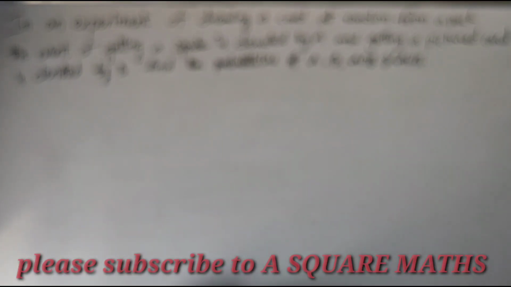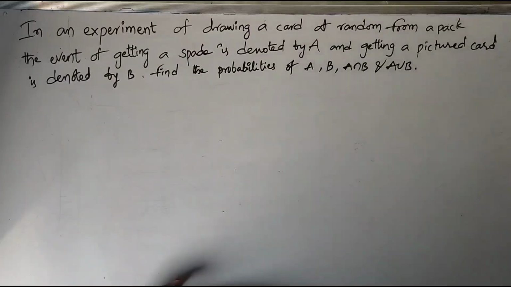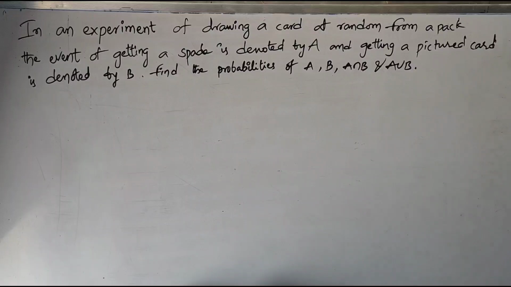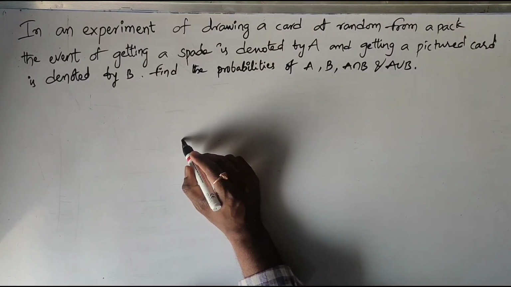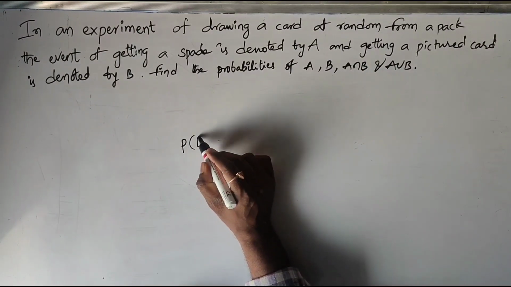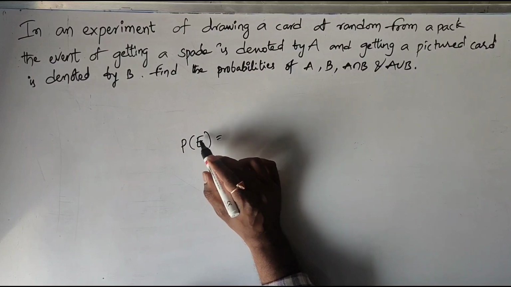So here, first of all, probability is denoted by P of E, where E is any event.